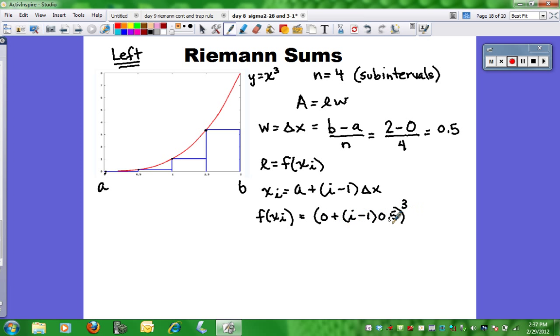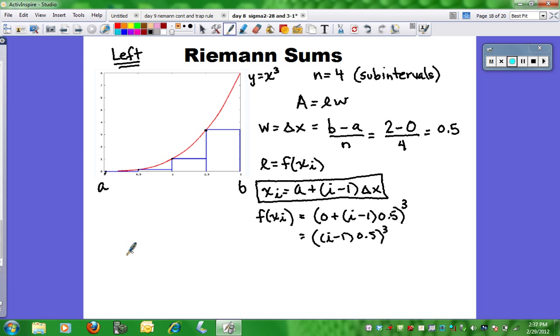But this formula right here would be true for every left endpoint sum. Okay, so let's keep working here. We're going to simplify this to I minus 1 times 0.5, cubed. That's f of x sub I.